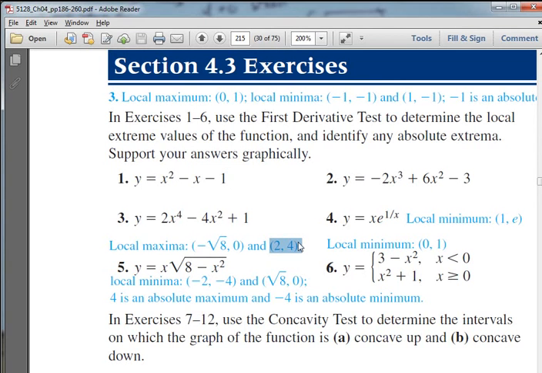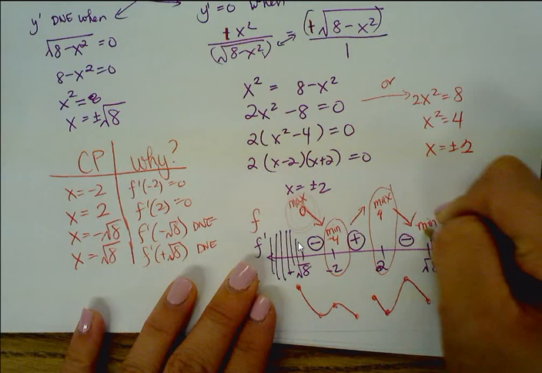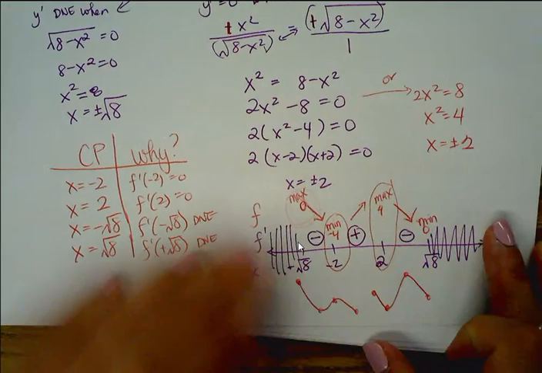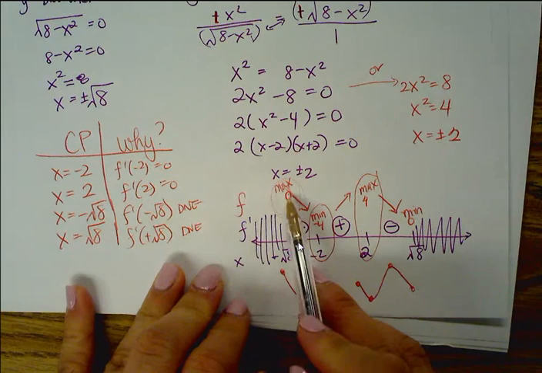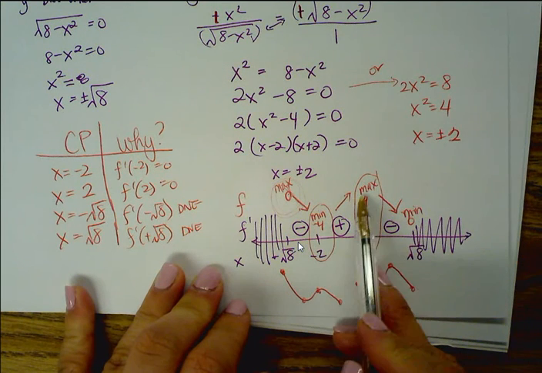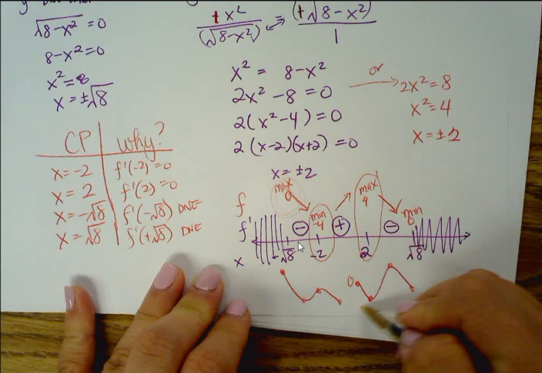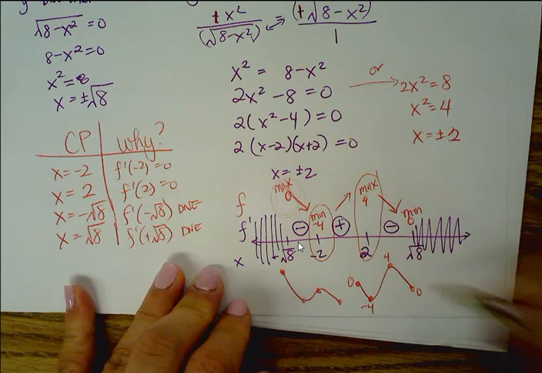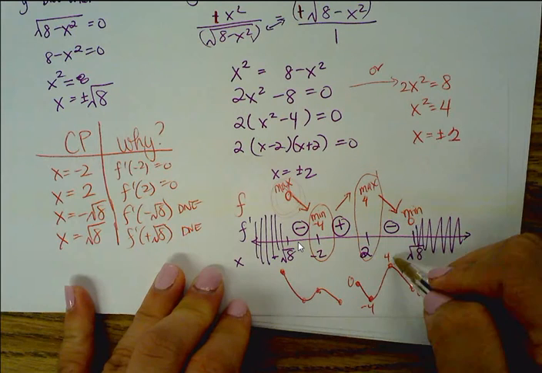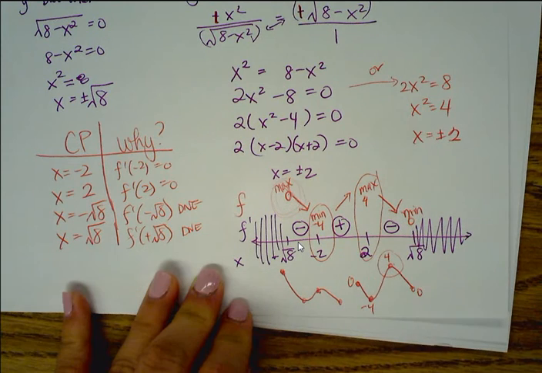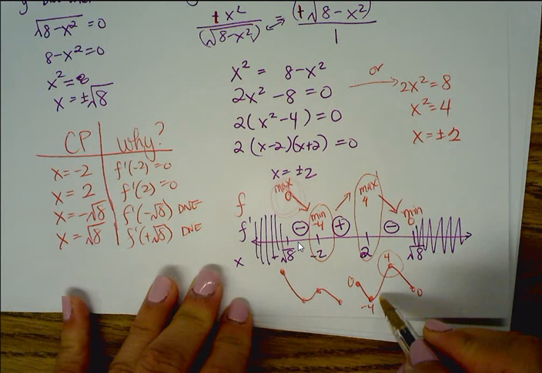So the y values here are 0, negative 4, 4, and 0. So what would be the second one? It's this one, right? 0, negative 4, 4, and 0. So that's why this is a local and global max, and this is the global min.